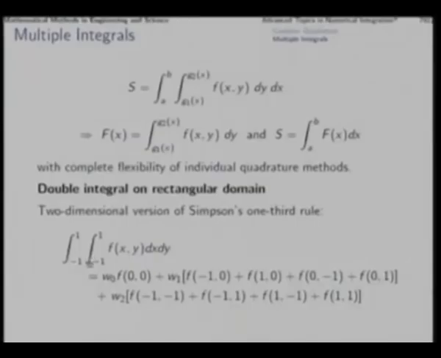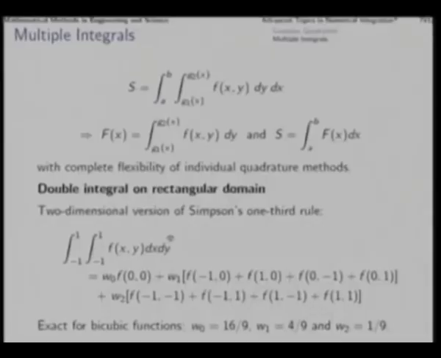For example, over a square domain, -1 to 1, -1 to 1 over xy, you get this as the two-dimensional version of Simpson's 1/3 rule, which will be accurate up to a bicubic function. The way for a single variable function f(x), Simpson's 1/3 rule is exact up to a cubic function.